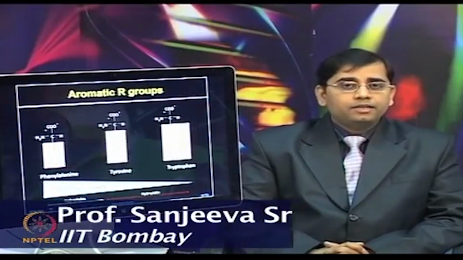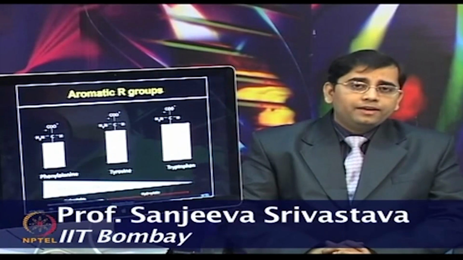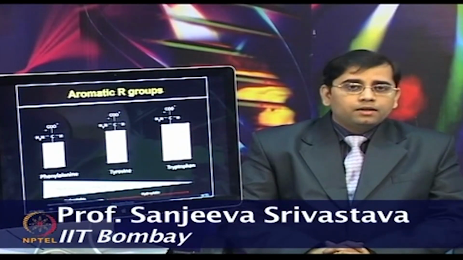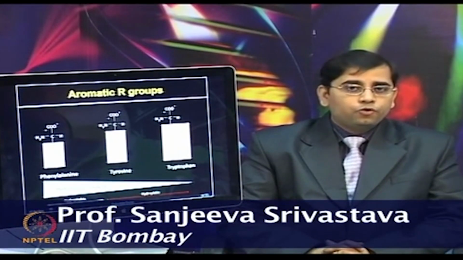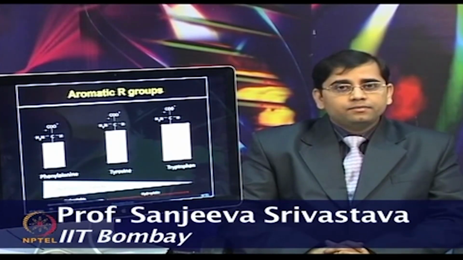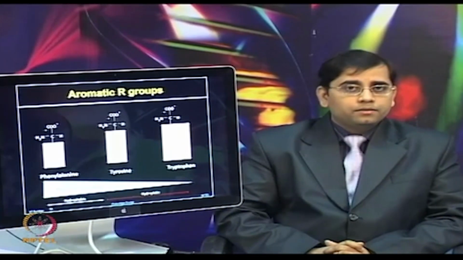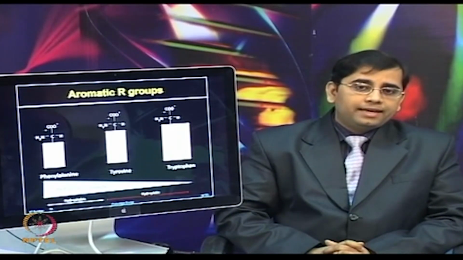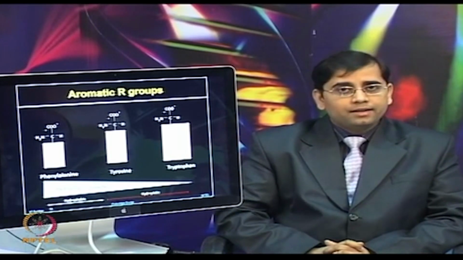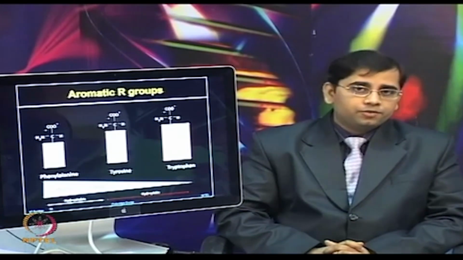Now, if you look at the hydrophobic or hydrophilic characteristics, phenylalanine is hydrophobic, whereas tyrosine and tryptophan are hydrophilic due to the side chain containing hydroxyl and NH reactive groups.